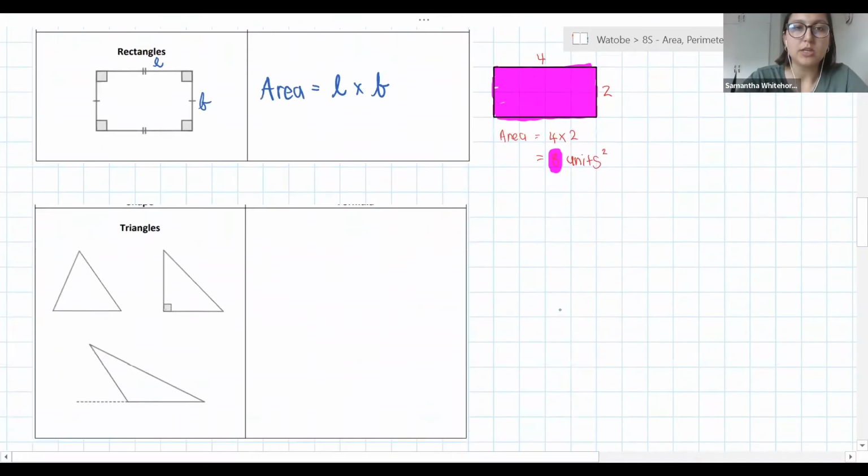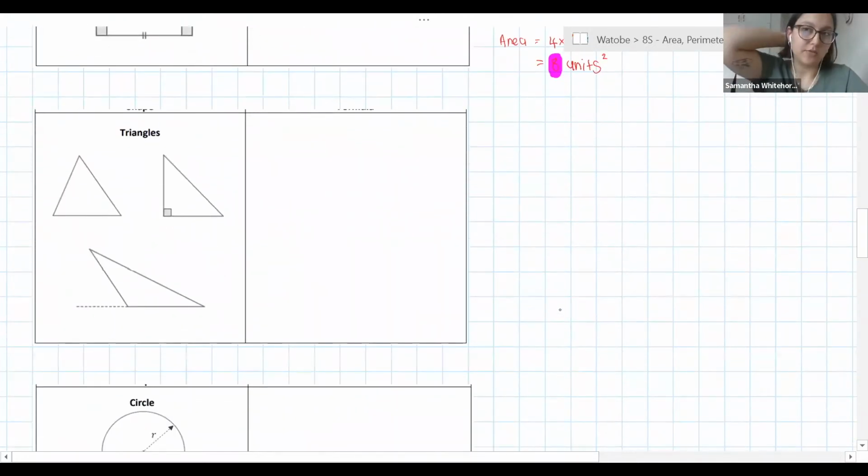Okay, so the next shape we need to be able to work out the area for is a triangle. Now, does anyone, and you can just put it on the chat, does anyone know how to work out the area of a triangle? What is the formula to work out the area of a triangle? Jahan, do you want to tell us? Yes, ma'am.